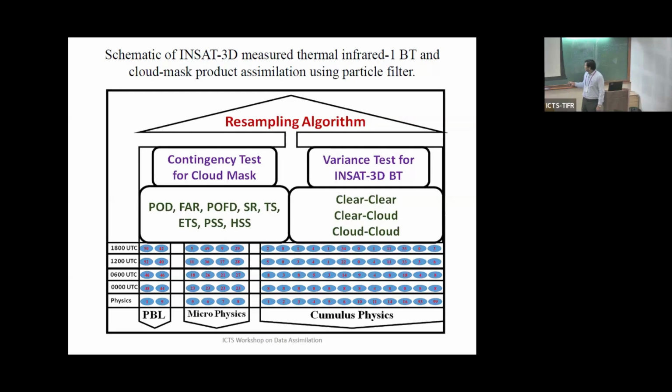Initially all the particles or all the members have an equal weight. Then I gave the 6-hour forecast, selected the particles, and new particles. Then from the selected particles, I again give a further perturbation based on the SCAPS method, the stochastic kinetic energy method, and again I generated the same number of particles here.